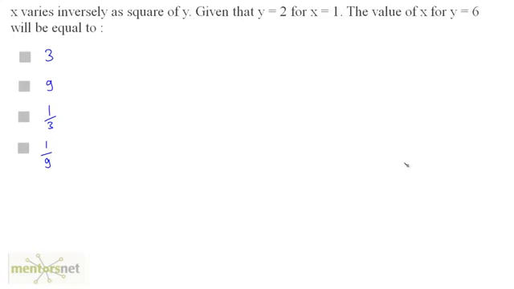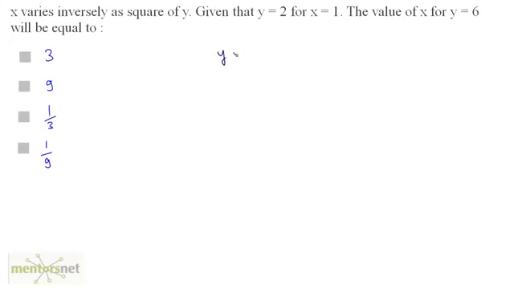x varies inversely as square of y. Given that y is equal to 2 for x equal to 1, the value of x for y equal to 6 will be equal to? So you have to find out the value of x when y is equal to 6. Well, x is proportional to y. So we can take the ratio of x to y and find the new value for x when y is equal to 6.